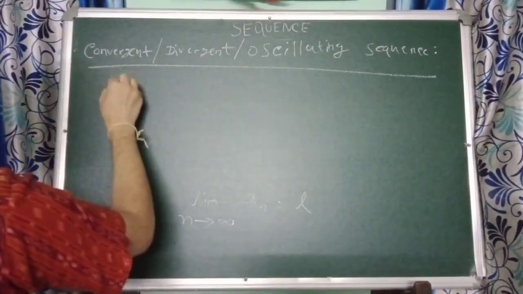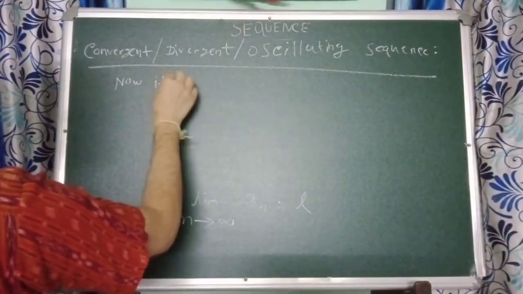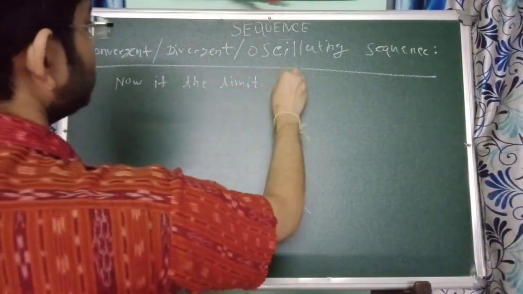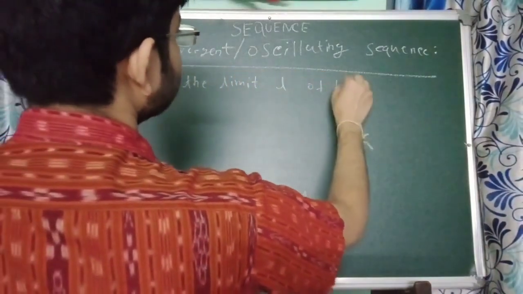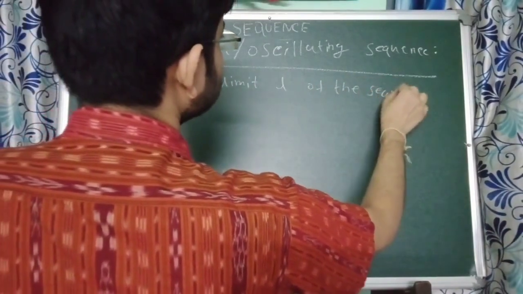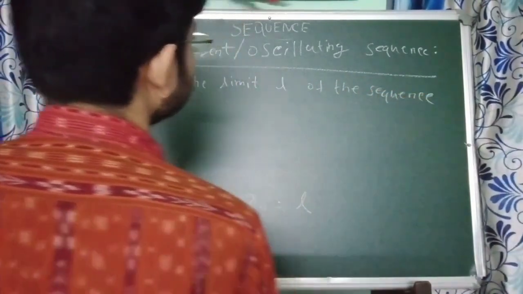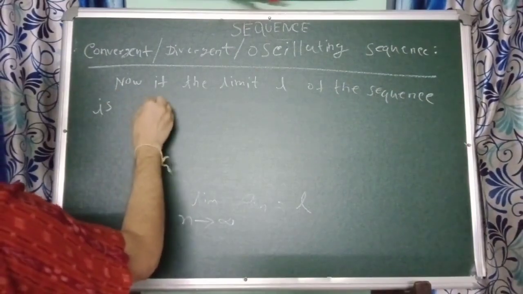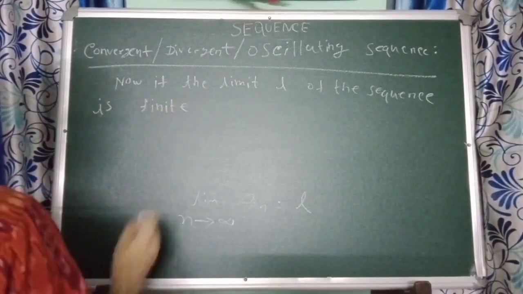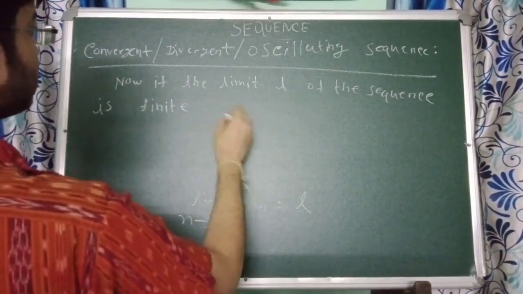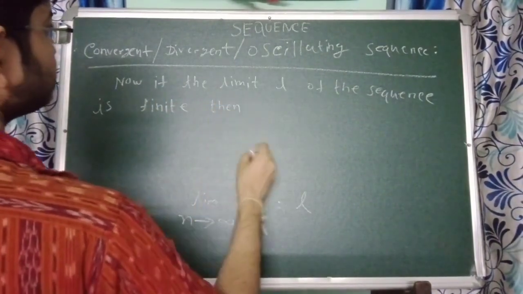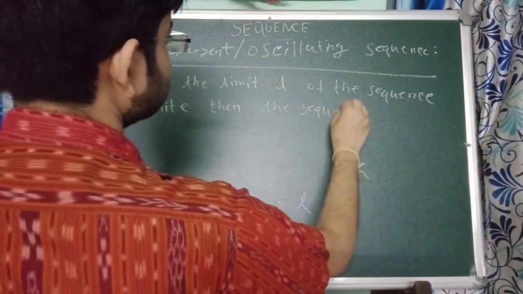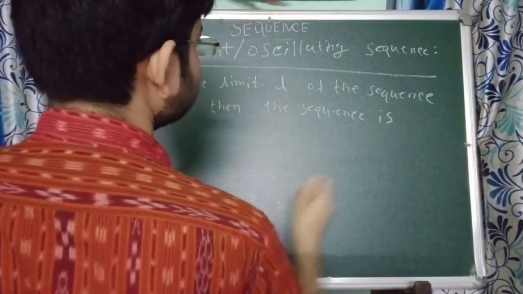Now if the limit L of the sequence is finite, then the sequence is convergent.